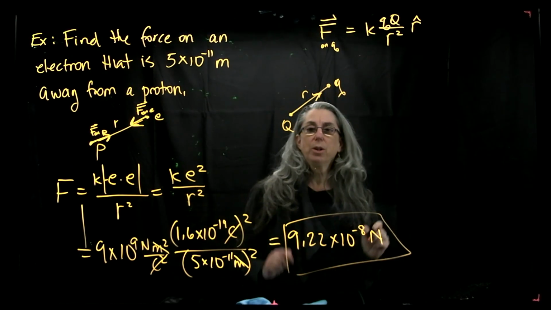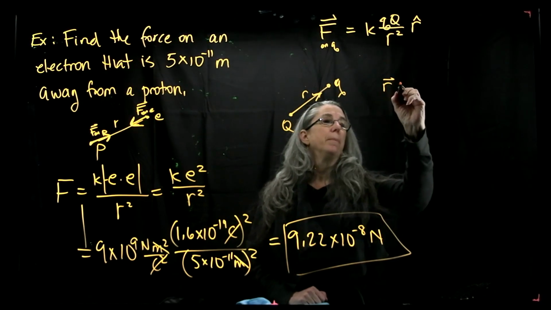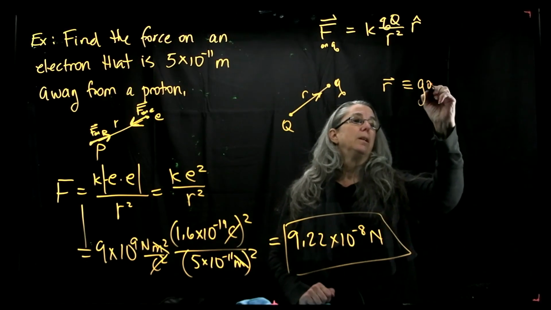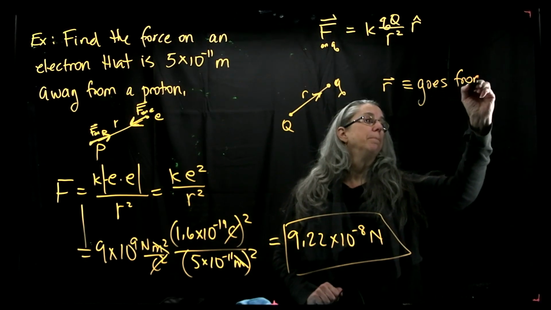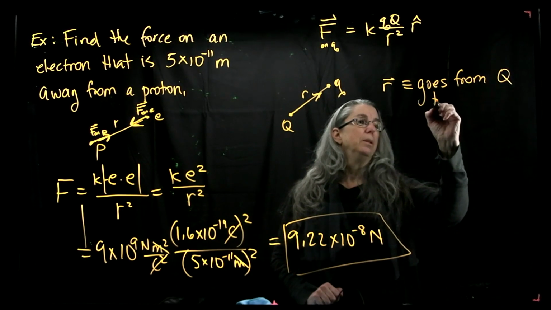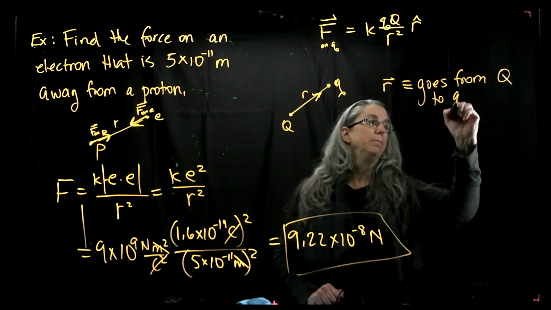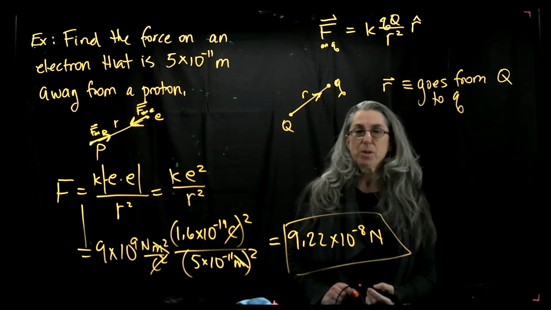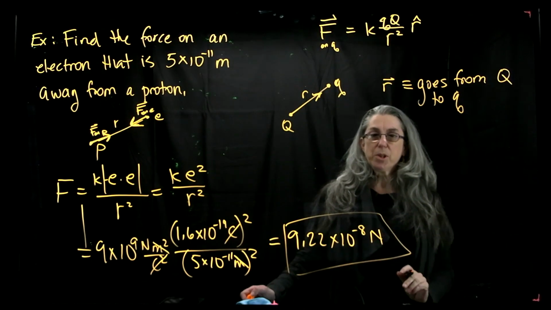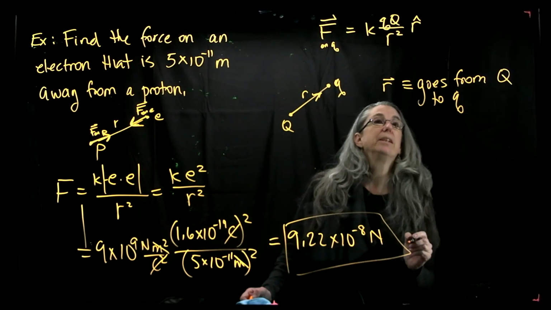The r vector goes from big Q to little q. So it goes from the first, which I would call a source charge, from charge big Q towards little q.